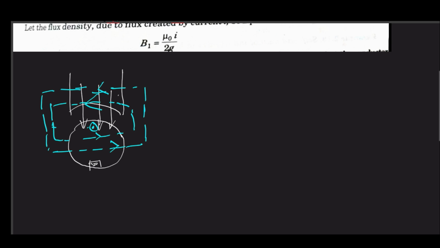So what happens to your resultant field, as we have studied, is that it will cause a shift, and that is quite easy to understand. Let me draw what we will have here.